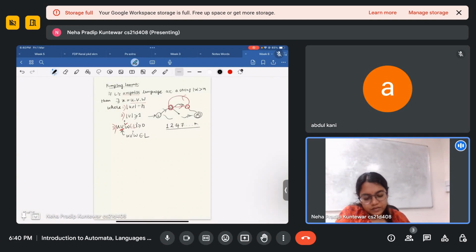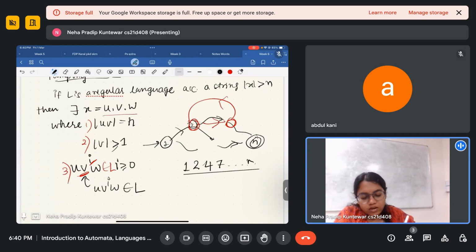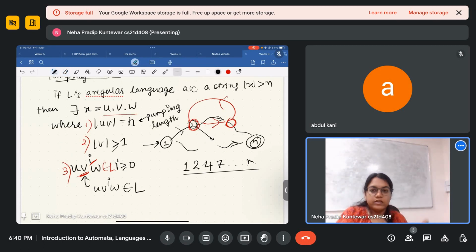This n that we talked about here is called a pumping length. It's just a term used: pumping length.